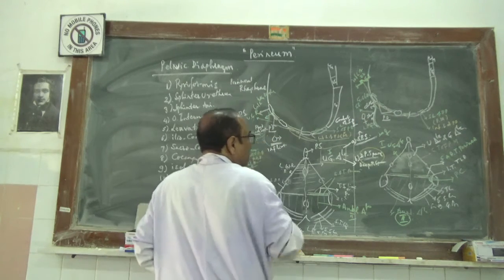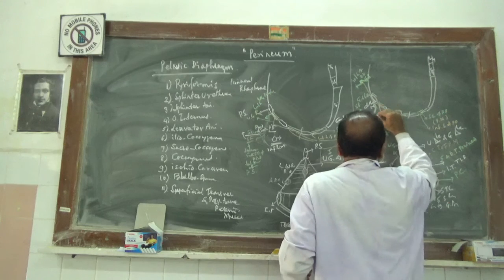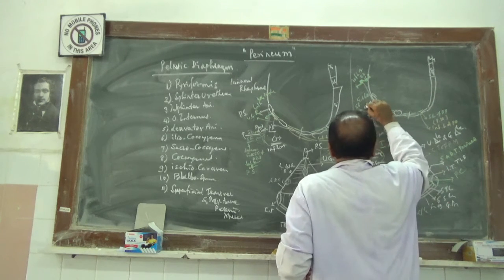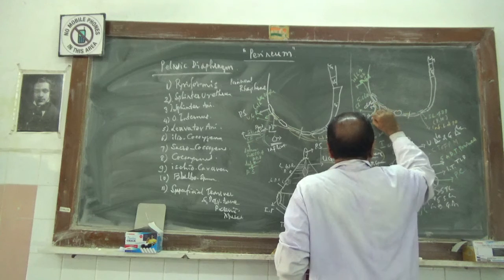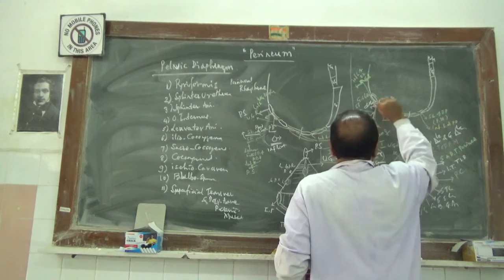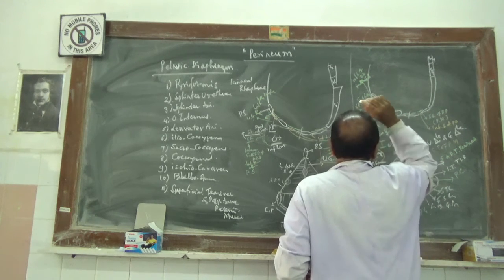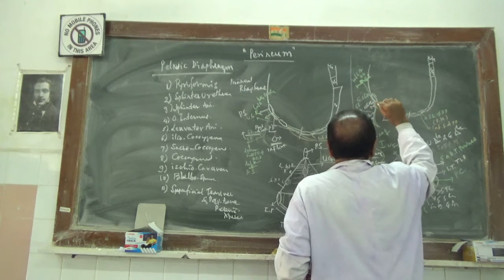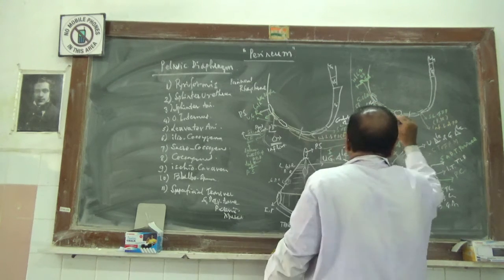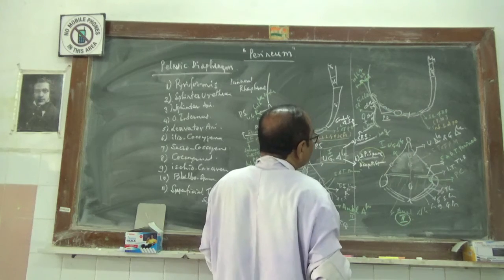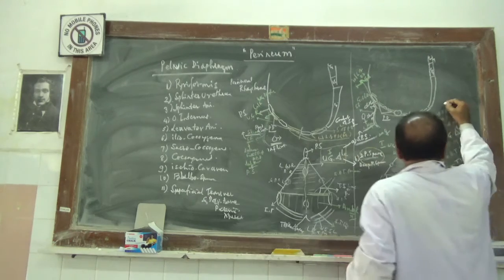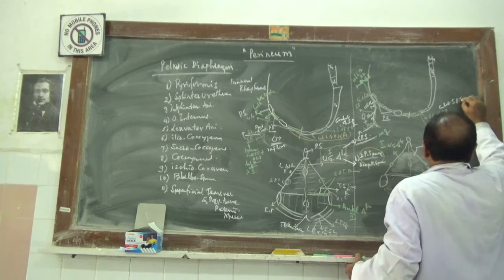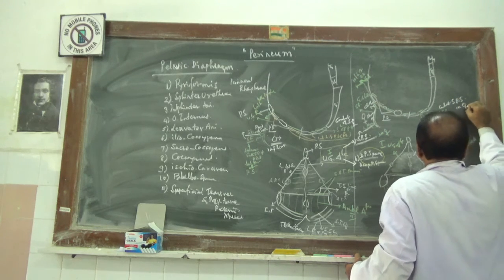In case of male. Now, in case of female, inferiorly it is limited by the skin of the glans clitoris, the skin of the labia, the superficial fascia of the glans clitoris, and the superficial fascia of the labia majora, and the content of the superficial perineal space in female.